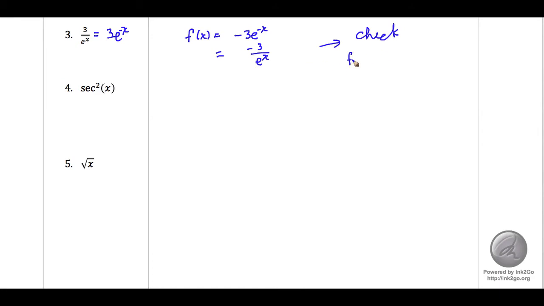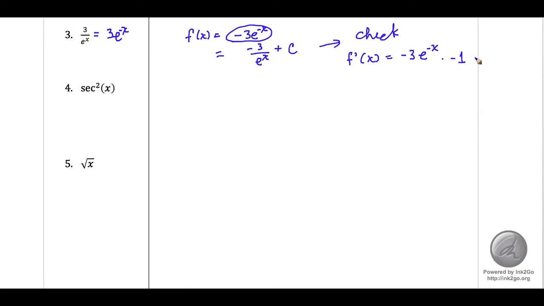What would be f prime? Oh, there should be a constant here at the end. f prime of x would be equal to negative 3e to the negative x times the derivative of the inside function, negative 1.